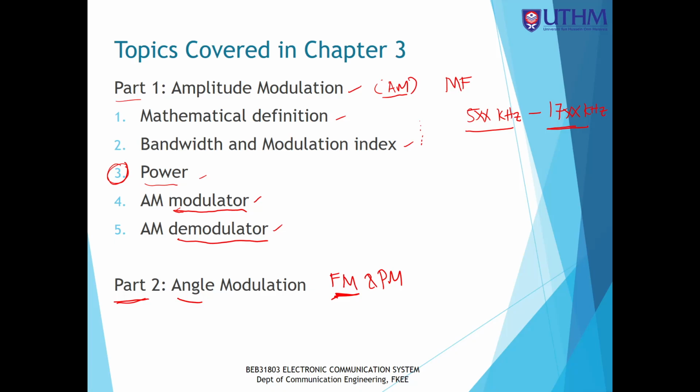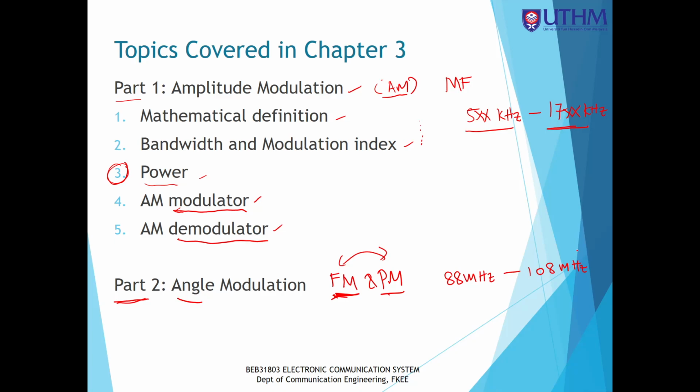Okay, and both of these are related to each other. I can say that both of these are like twin brothers. Okay, you will see later why. So the range of frequencies is between 88 megahertz until 108 megahertz.